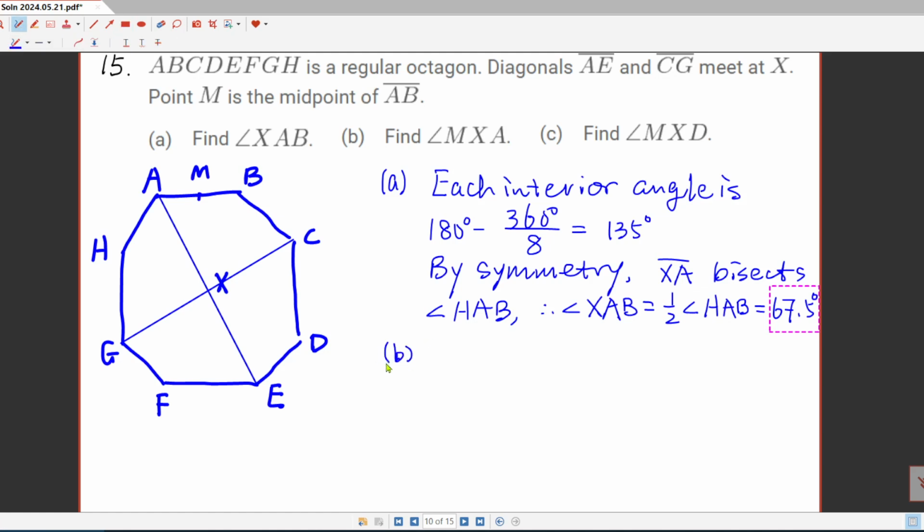So for the second question, we know X is the center of the octagon, meaning it's equidistant from all 8 vertices of the octagon, right? Therefore, by SSS congruence, connecting X to each of the vertices forms 8 congruent isosceles triangles.